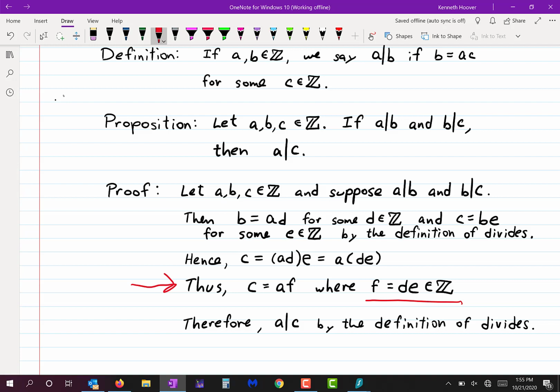You're going to have to learn what needs to be pointed out and what does not require being pointed out. And an awful lot of that has to do with the setting. What is it that you're trying to prove? And what is your audience? If I was trying to prove this for a 9th grade class, then I would have pointed out my use of the associative property and the substitution property.